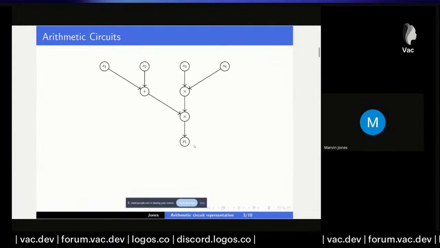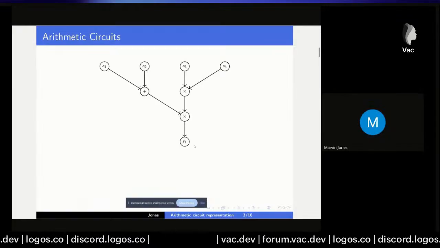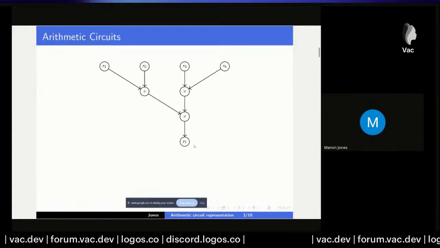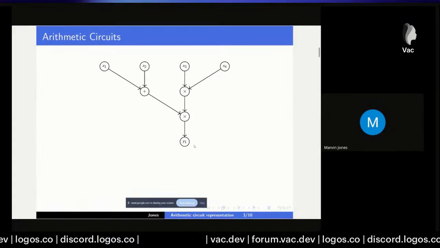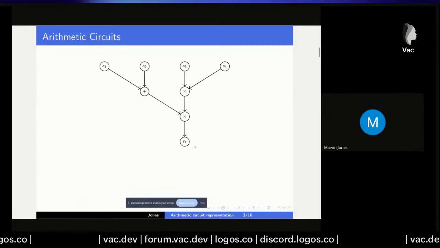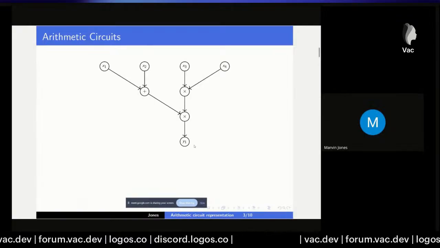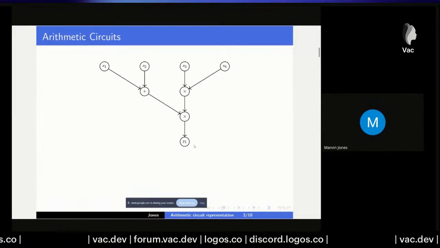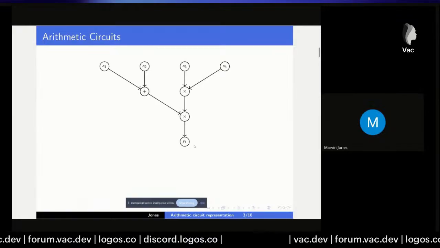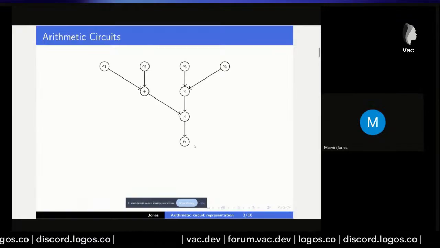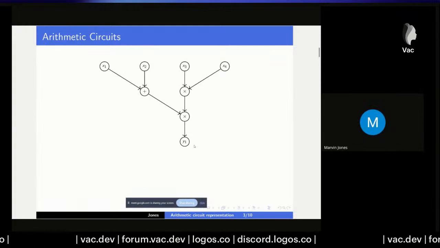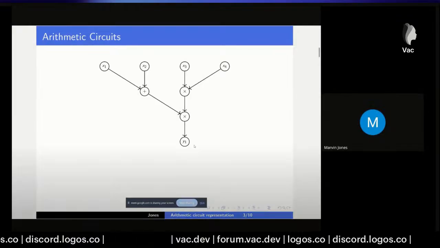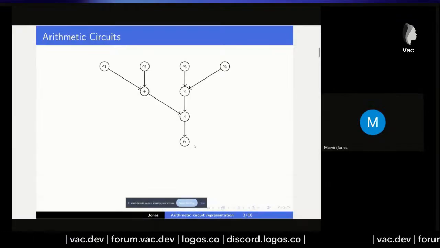Since you can actually represent ands and ors in terms of addition and multiplication, you can really represent anything in a computer as an arithmetic circuit with the Boolean restrictions. And when you do that, you could then represent something like SHA-256 as a giant circuit. Obviously, these are massive circuits, but just to give you some ideas.